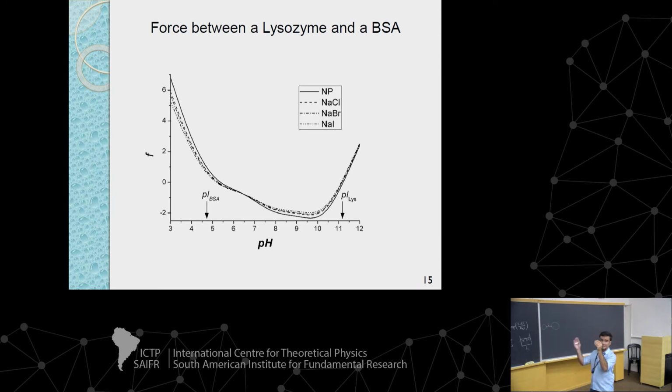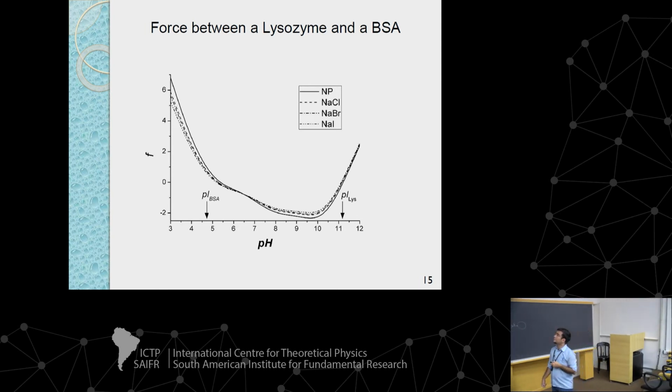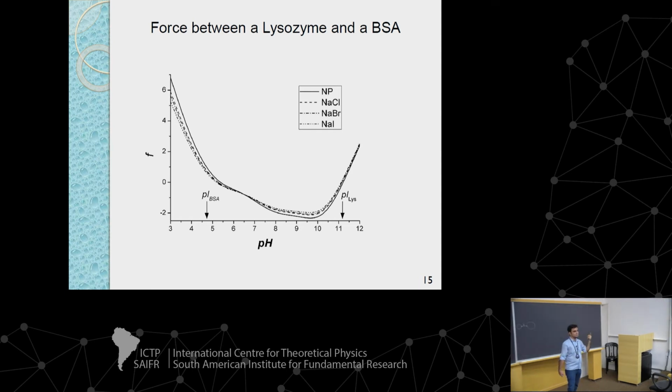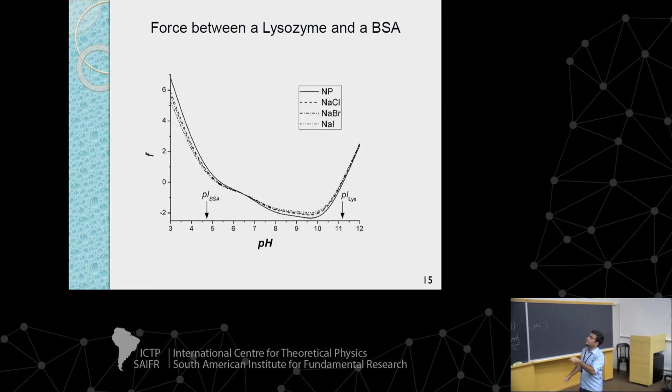We have a fixed distance, and we are calculating the force as a function of pH. Tomorrow I'm going to give more details about the conditions considered here, but today I only brought this to show you that when we consider these kinds of interactions, and here we consider only the ion dispersion interaction, the van der Waals interaction between ion and surfaces, and both surfaces, we finally get the ion-specific effects.